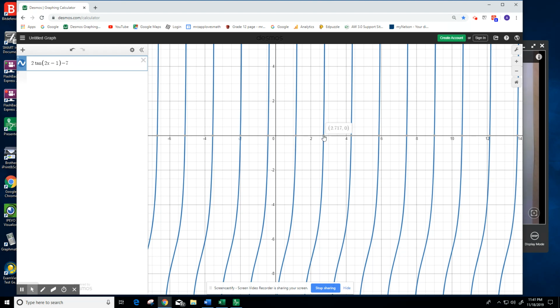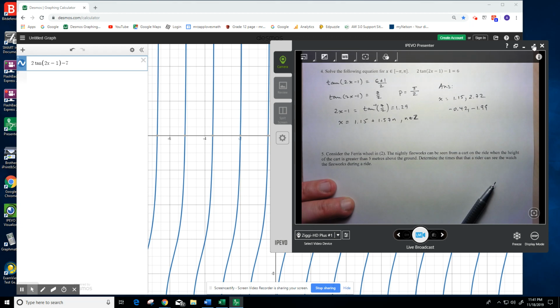There's another answer, our 2.72. But then 4.29 was too big, so we eliminated that. And then we went to the negatives. Negative 0.42 was one of our answers, and negative 1.99 was another answer. But this point here got too small. So those are our 4 correct answers.